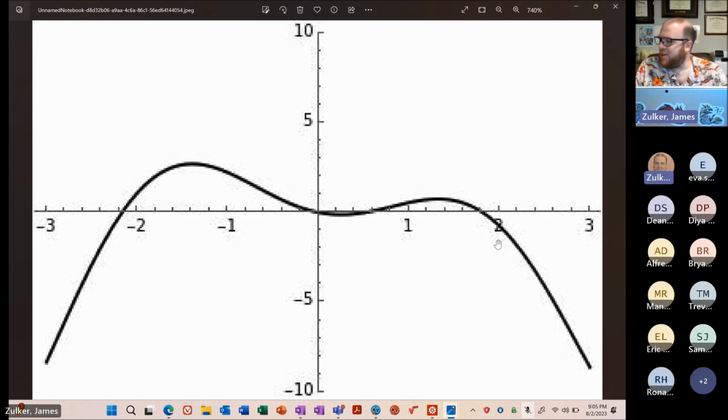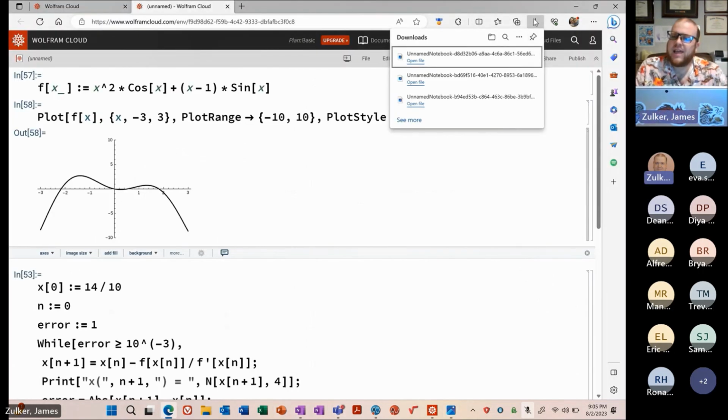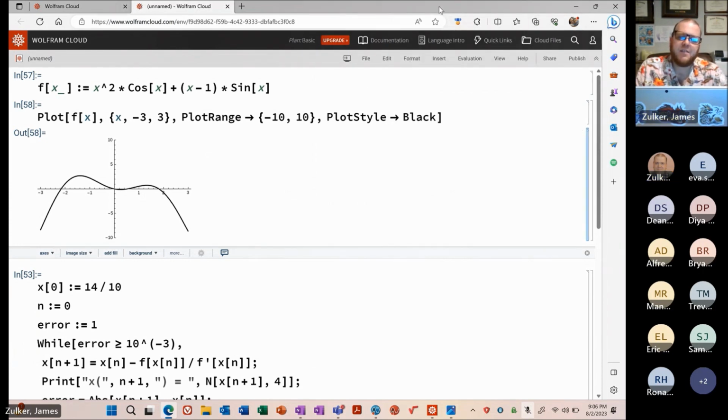Because there's one other application I want to show for Newton's method. So let's say I want to get an approximate value of square root of 2. And let's go 6 decimal places.